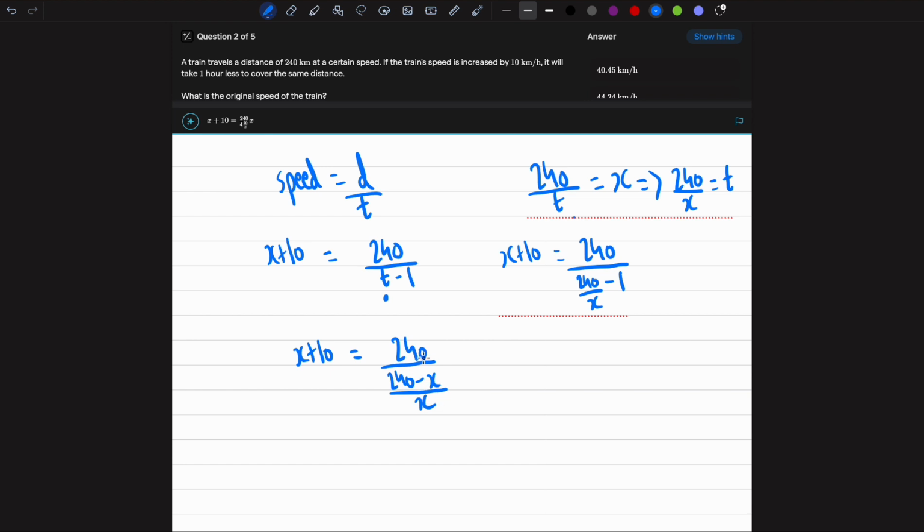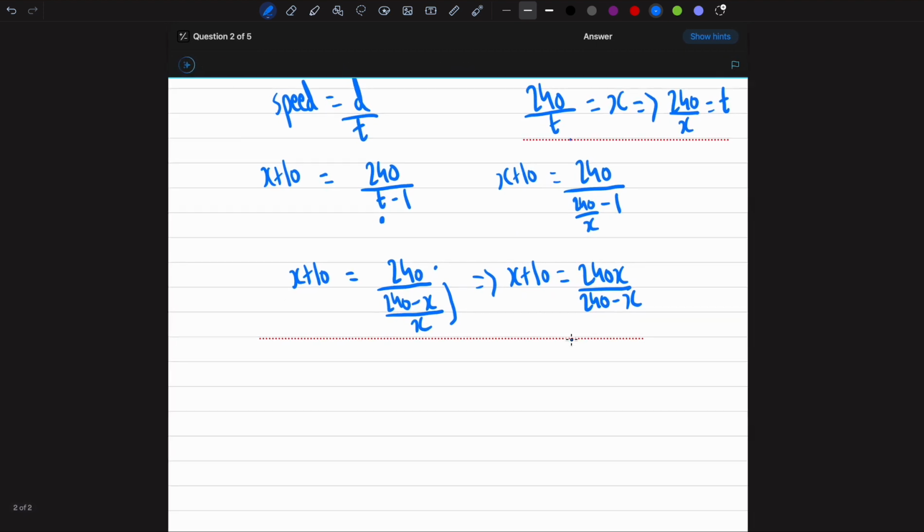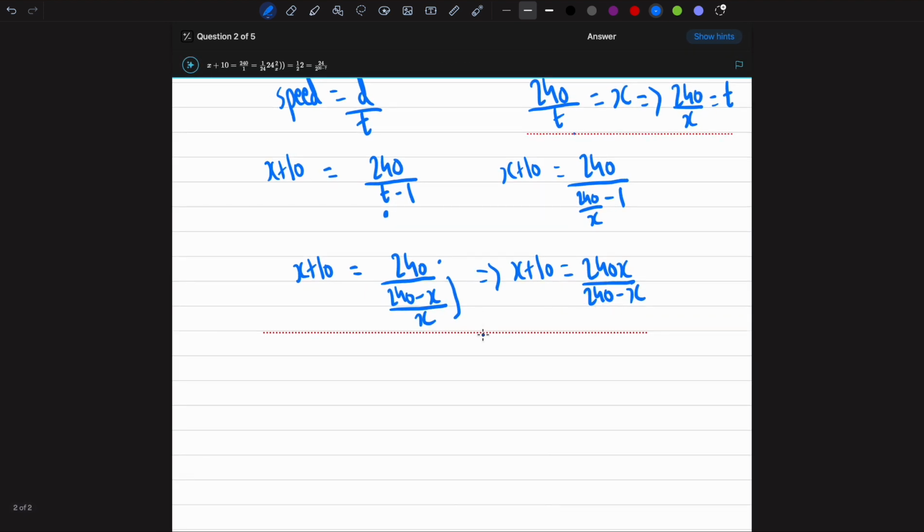Okay, and now since we're doing this thing divided by all of this, I can just multiply by the reciprocal, right? So this is the same as x plus 10 is equal to 240x over 240 minus x. Okay, now what do we do? Well, we can multiply everything by 240 minus x.